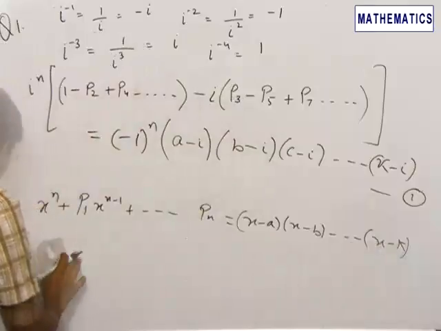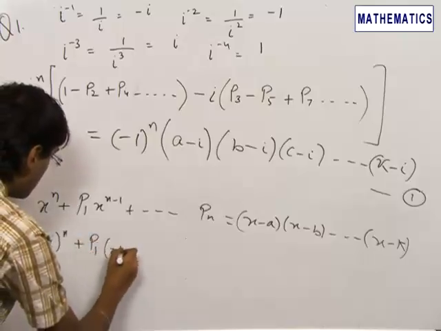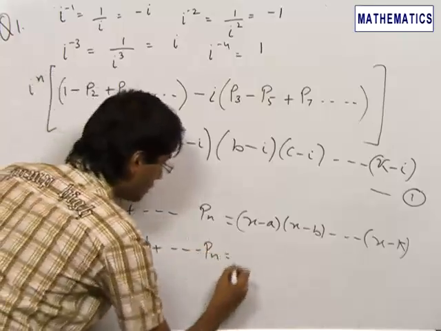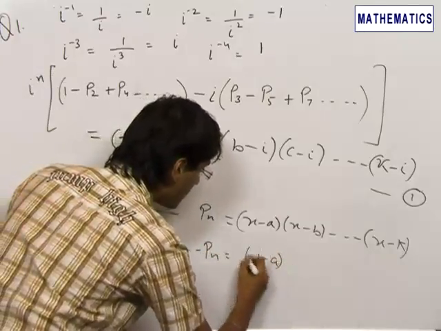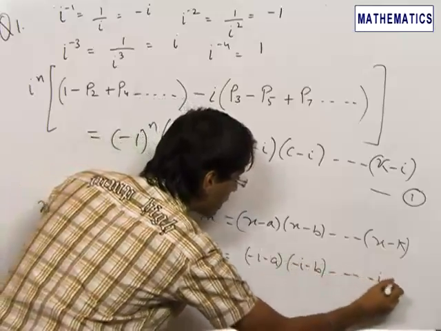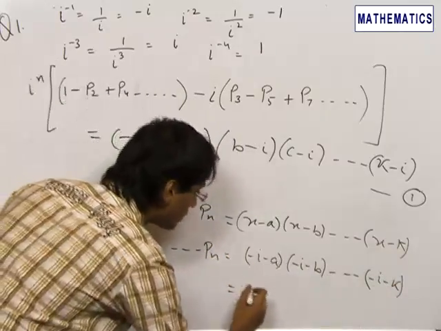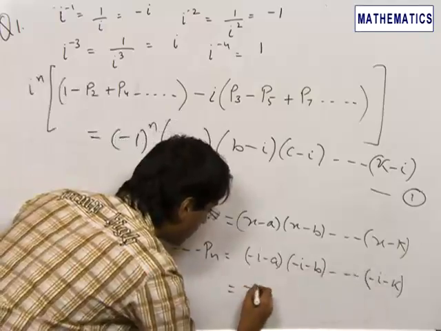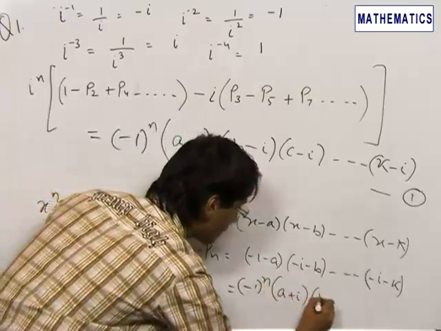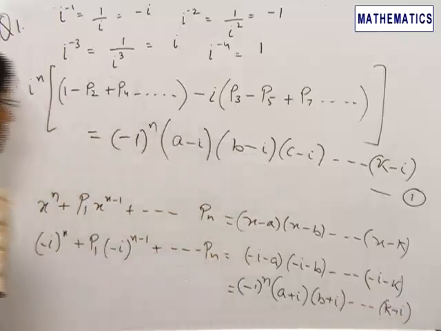So this becomes minus iota power n plus p1 into minus iota power n minus 1 up till pn is equal to minus iota minus a, minus iota minus b up till minus iota minus k. And on taking minus 1 sign common from each of these n brackets, we will get minus 1 power n a plus iota, b plus iota up till k plus iota.